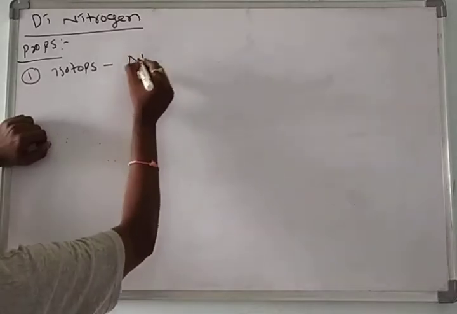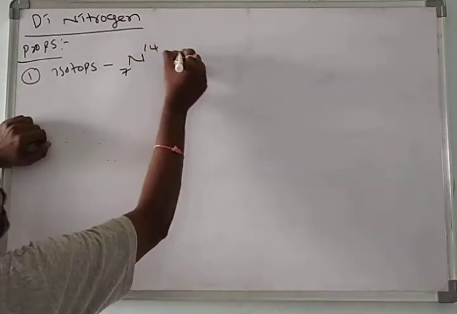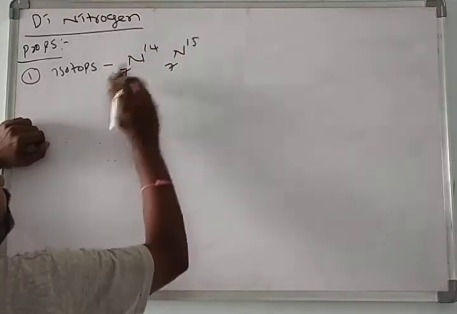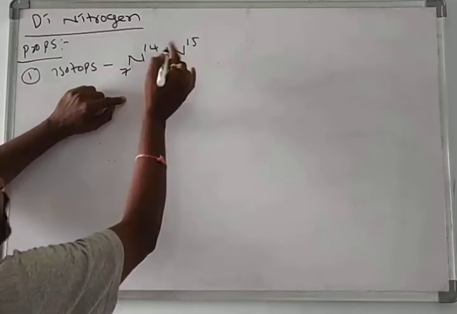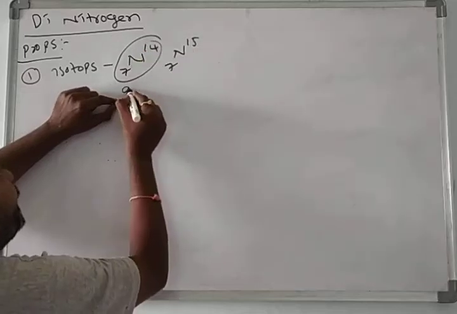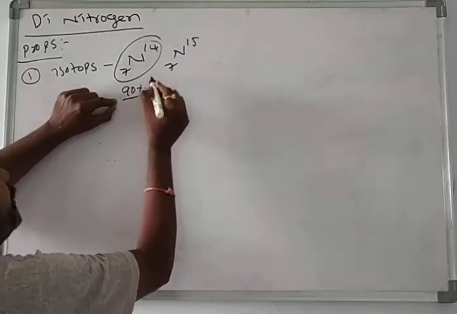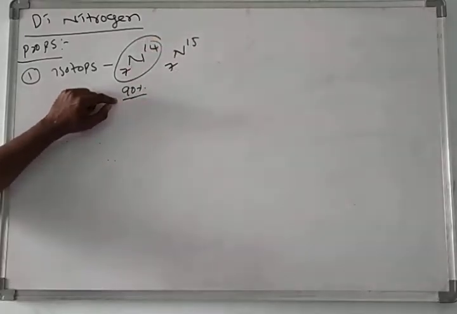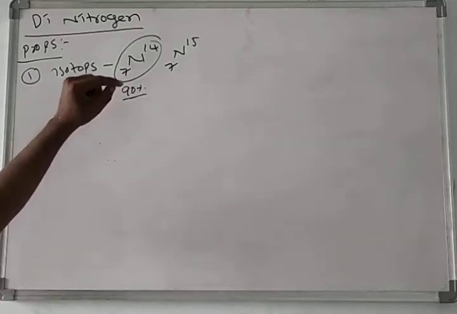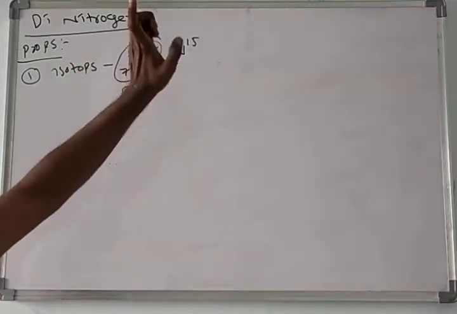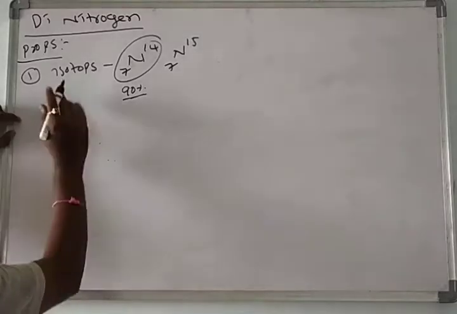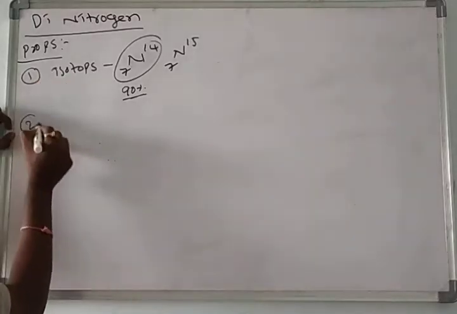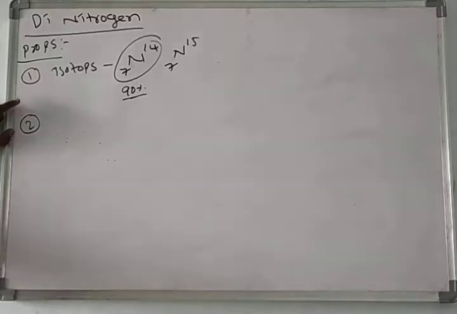Nitrogen is available as N-14 and N-15, but about 99% is N-14. That's why we consider the atomic mass of nitrogen to be only 14.